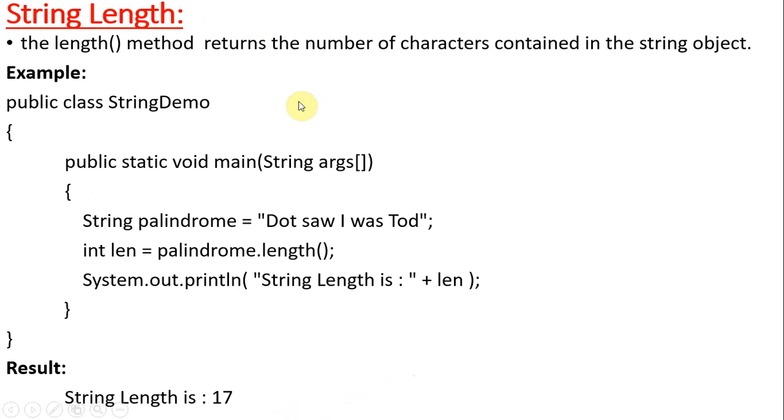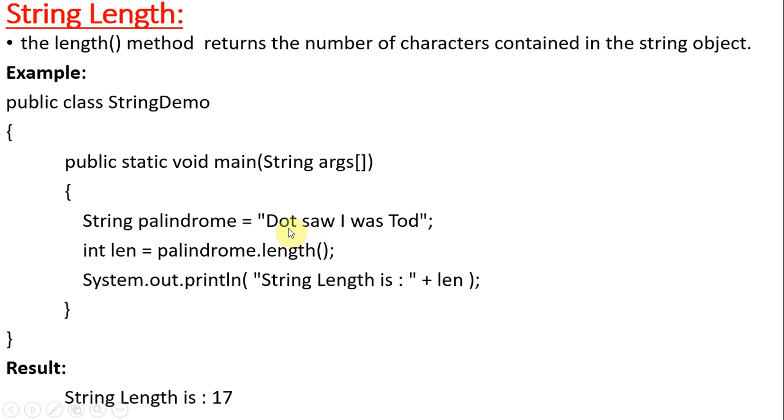String length is a method related to the String class, which can be used to return the number of characters contained in the string object. Already you know about this length. Length returns the number of characters. We have an example here: class, main method. We took one string literal, and we can count the length.